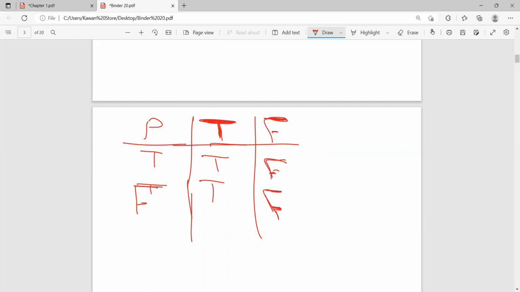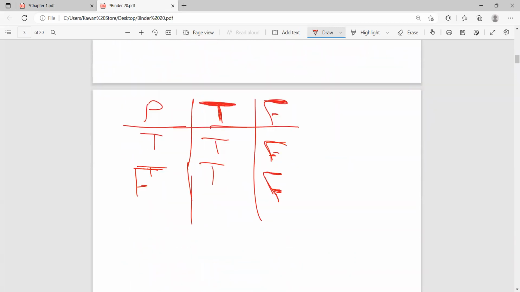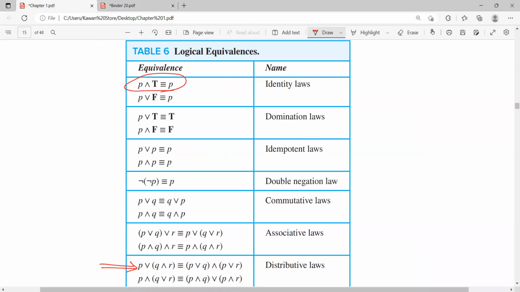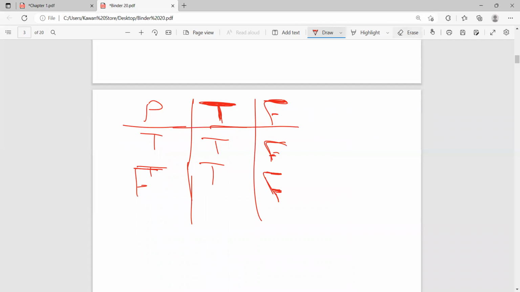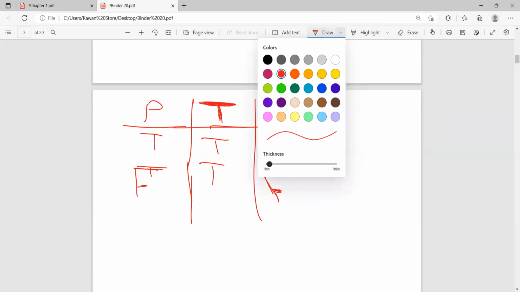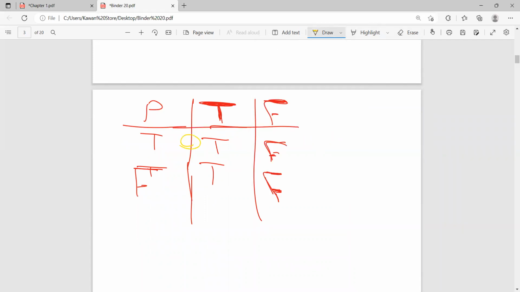Okay, dear? So show me. You say P and T. So show me, P and T is equal to what? True, false. P and T: true, false. I got what? P itself. Am I right?